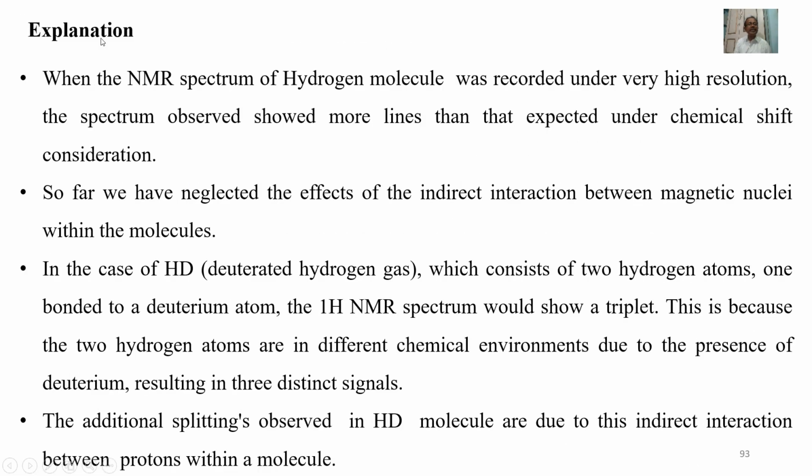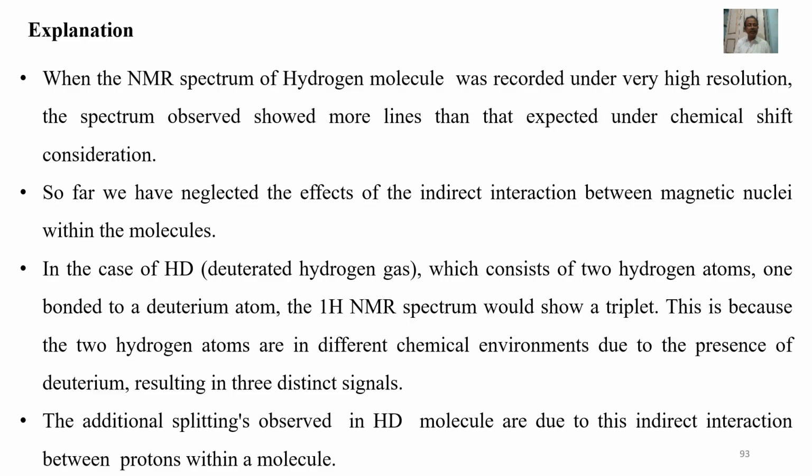Detailed explanation. When the NMR spectrum of the hydrogen molecule was recorded under very high resolution, the spectrum observed showed more lines than that expected under chemical shift consideration. So far, we have neglected the effects of the indirect interaction between magnetic nuclei within the molecules.